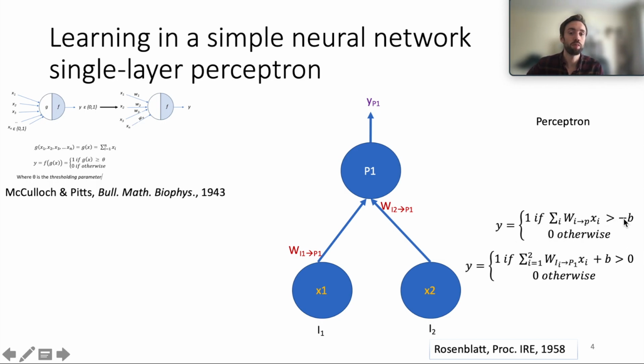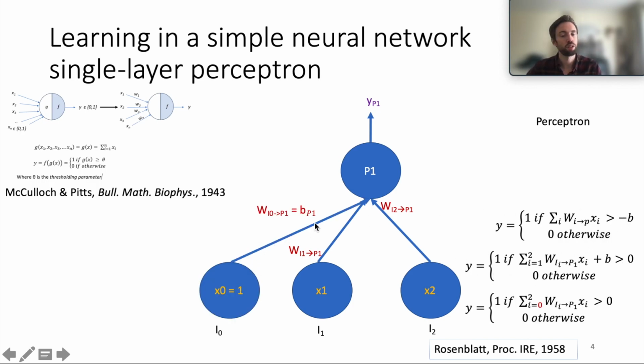However, we can move the minus b, the threshold, over to the other side of the equation, so that now the perceptron output neuron outputs a 1 if the weighted sum of all of its inputs, w times x plus b, is greater than 0. And here we can see that the threshold can be thought of just as a negative version of a bias input to these neural networks.